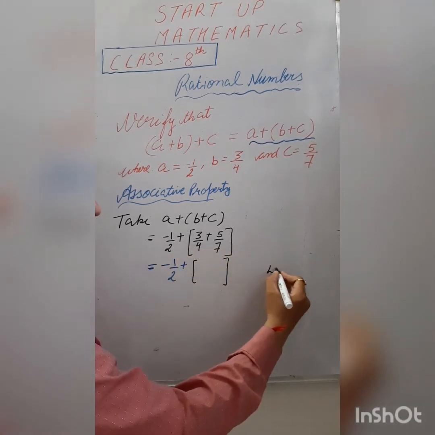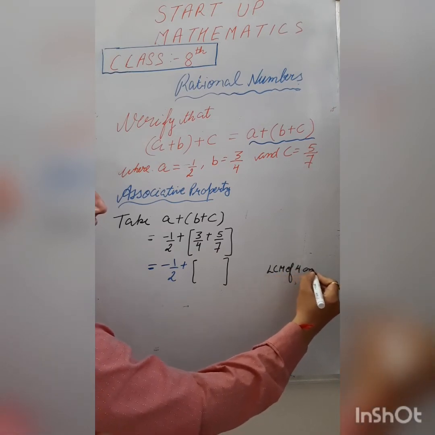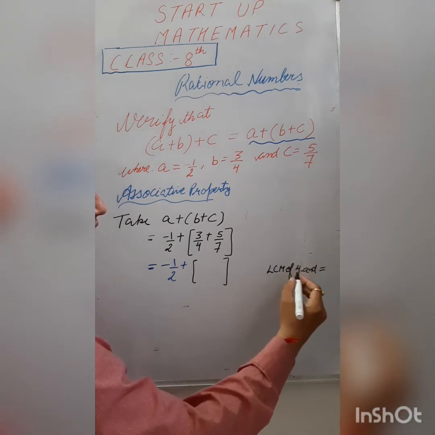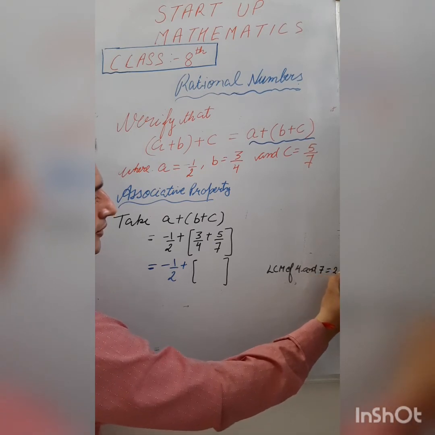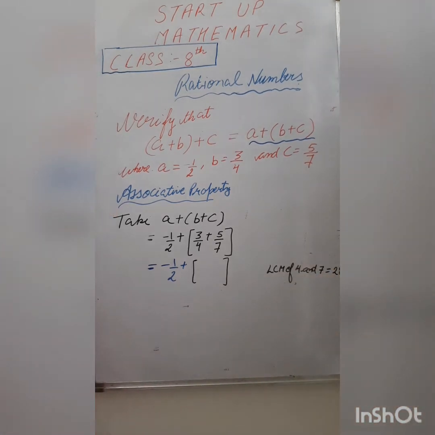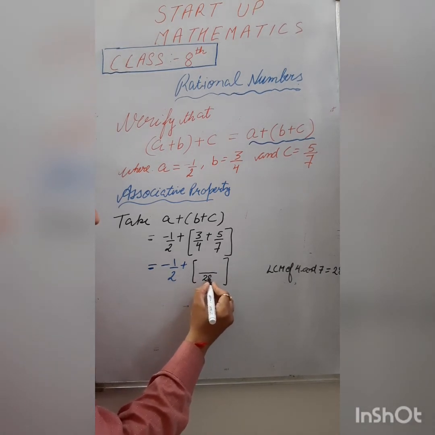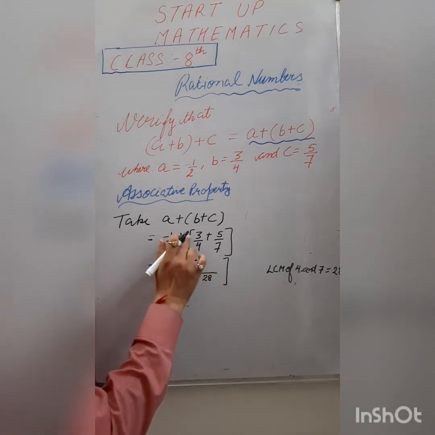So you know the LCM of 4 and 7 is equal to what? 28. So write 28 in the denominator of the new rational number. Divide 28 by 4, the answer is 7.